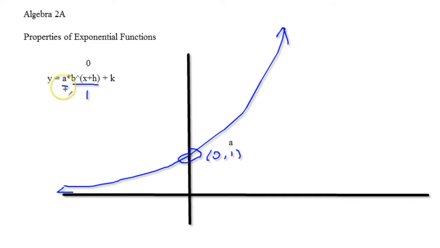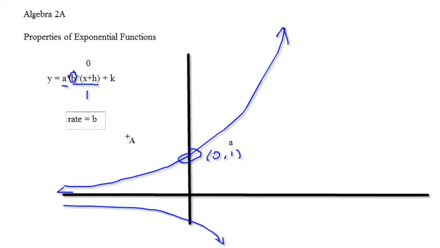Now, if A is negative, that will flip this entirely over. Now, B is the rate of growth or decay. So that is the rate.